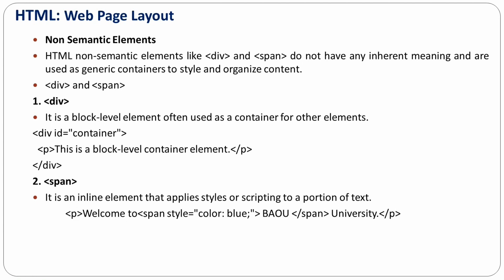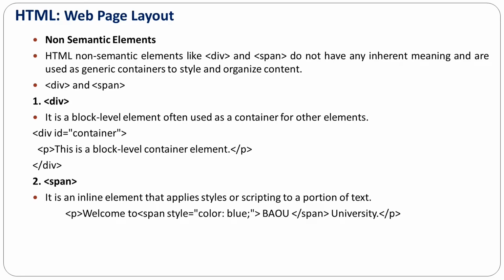Now layout designing involves two kinds of mechanism, non-semantic and semantic elements. So what are non-semantic elements? HTML non-semantic elements like division and span tags do not have any inherent meaning and are used as generic containers to style and organize content.